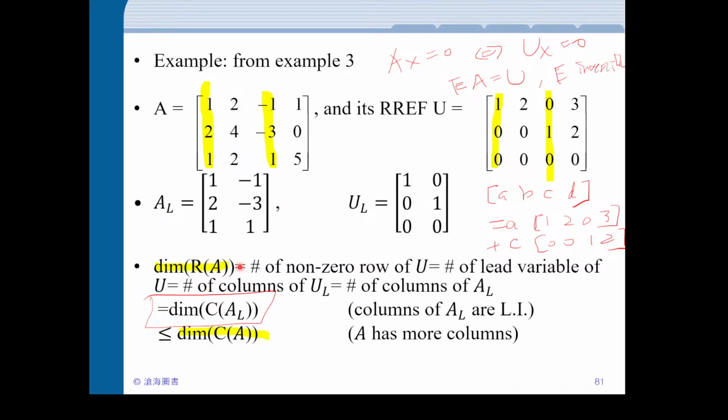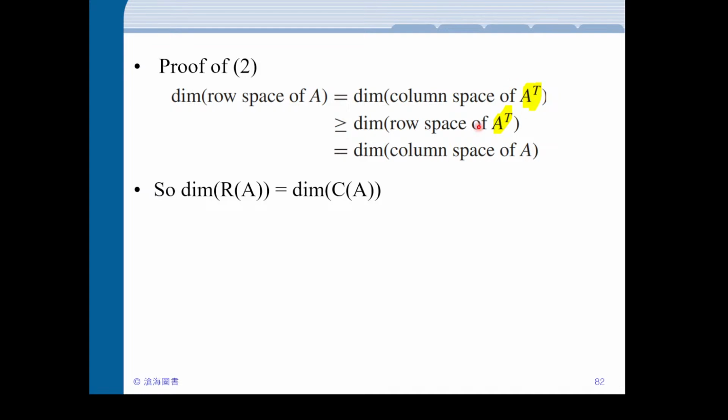The row space of A will be the column space of A transpose, and the column space of A will equal the row space of A transpose, because that's what transpose does: it swaps rows and columns. And so we know the column space of A transpose has a dimension greater than or equal to the row space of A transpose, and that means the row space of A has a dimension greater than or equal to the dimension of the column space of A.